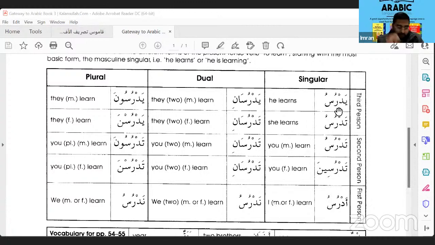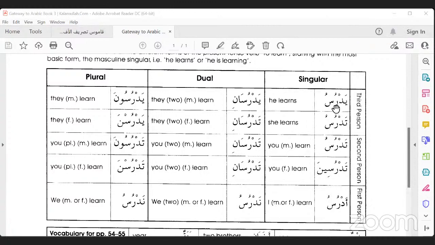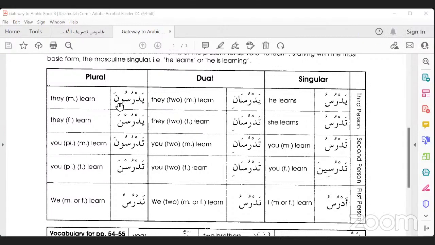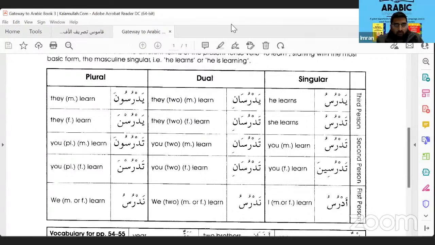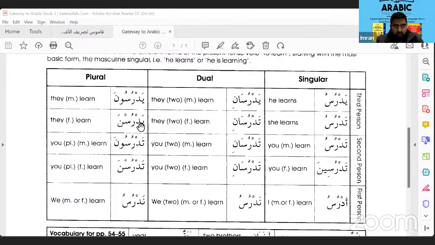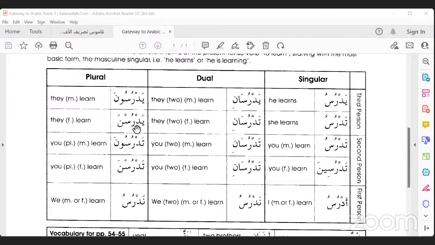Yadrusu, he learns. Yadrusani, two male learn. Correct. Yadrusuna, they all male learn. Correct. Tadrusu, she learns. Tadrusani, they two female learn. Correct. Yadrusna, they female learn.